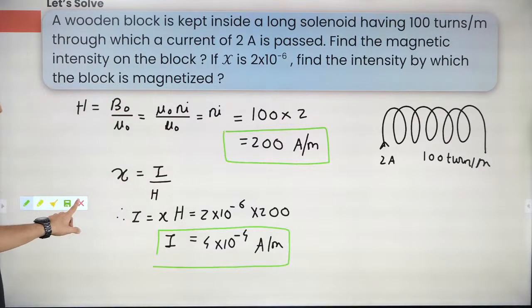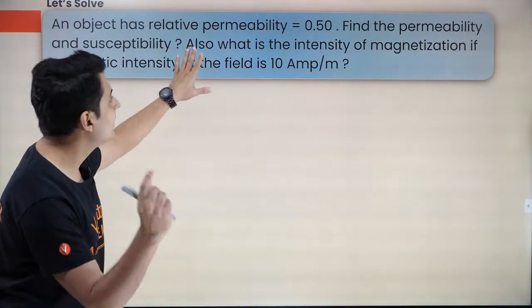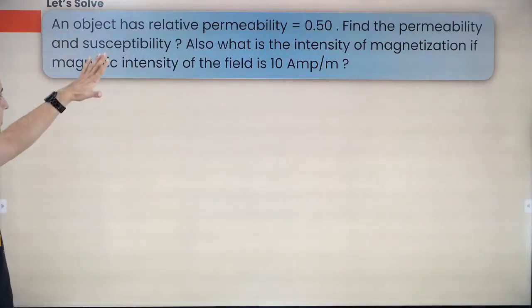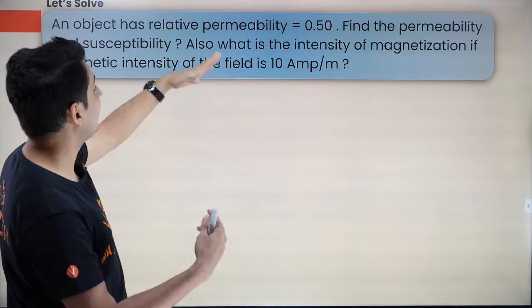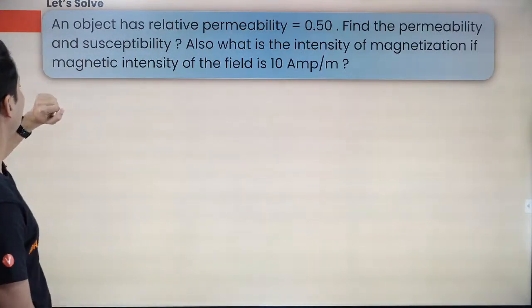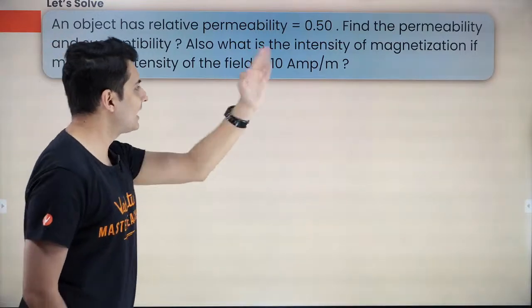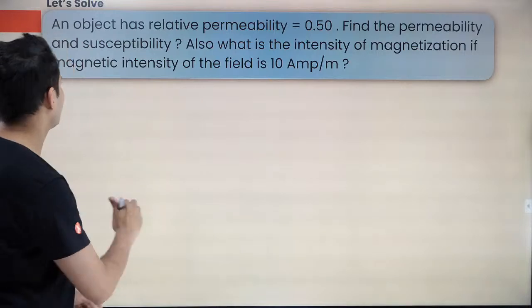Chalo, next question coming up on your screen now. An object has relative permeability as 0.5. Find the permeability and susceptibility. Also find the intensity of magnetization if magnetic intensity is 10 ampere per meter. So let's see what is given. Mu r is given, guys.